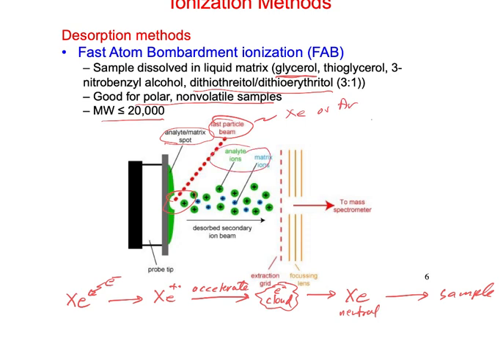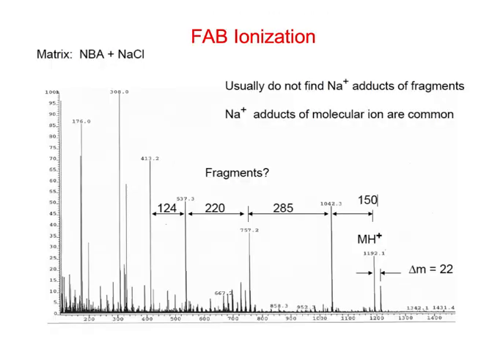We can create a voltage, and select out what we want, and accelerate that into our mass analyzer. So we also have the matrix ions in there.